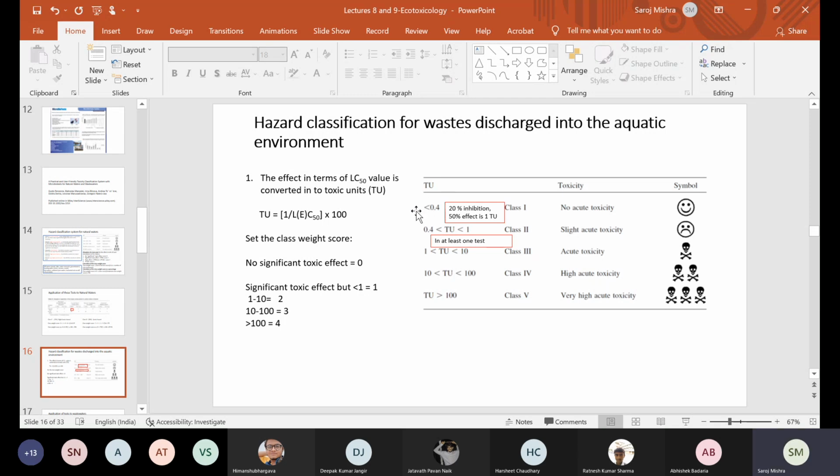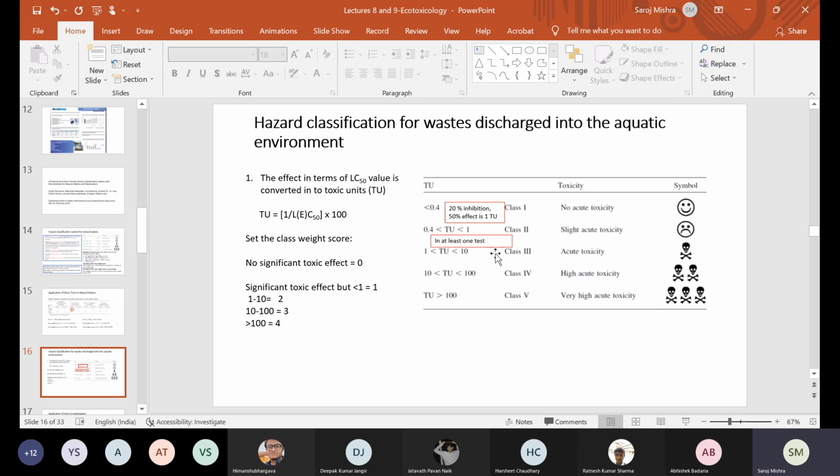Okay, so all that data is defined in this particular table, but this is for the wastewaters. You see that if you have a 20% inhibition effect, then it translates into a toxicity unit of less than 0.4. If you have a 50% effect, then it is translated into 1 TU.